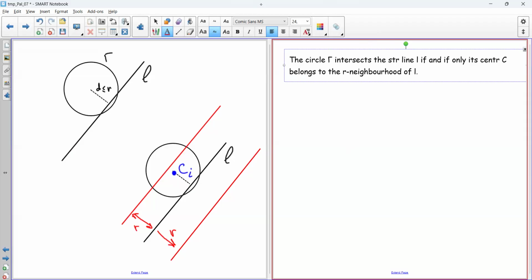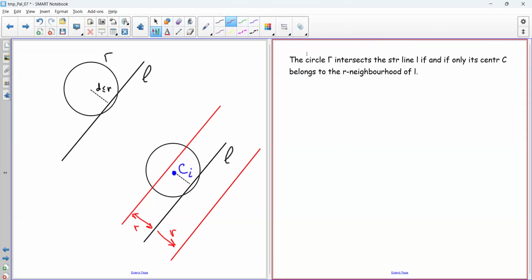Why is that? It's very trivial, right? The circle intersects the line when the distance between the center and the line is less or equal than r. And the center of the circle belongs to the strip if its distance to the line doesn't exceed the same r.